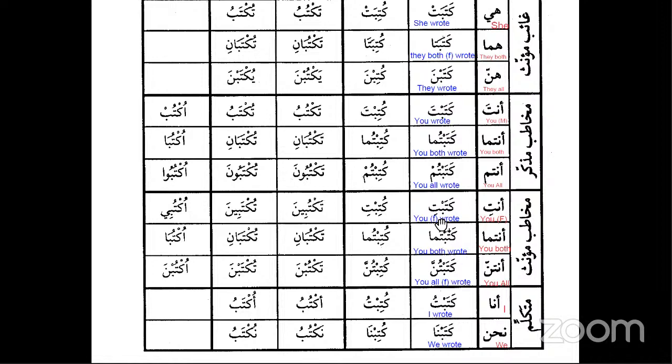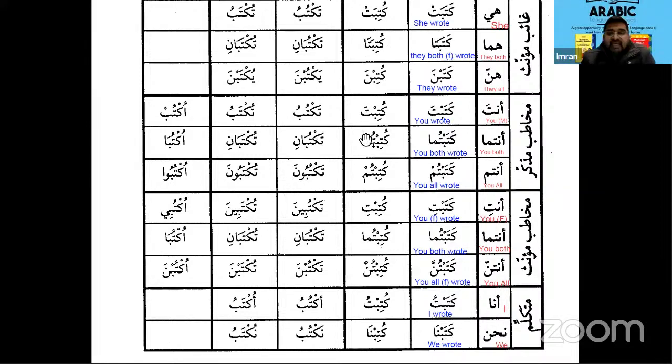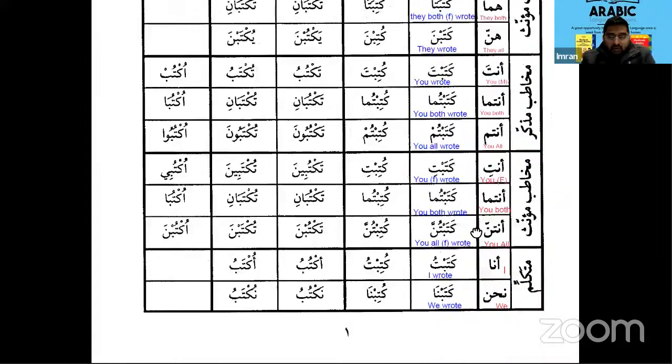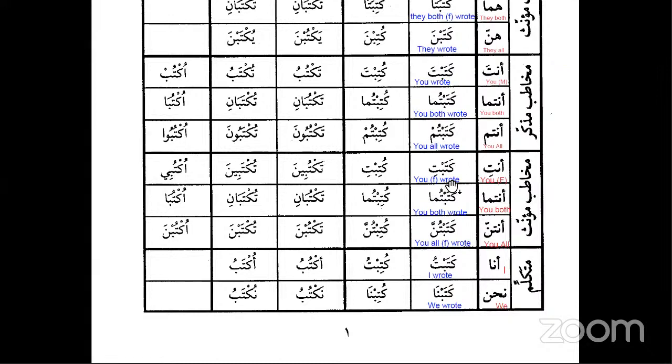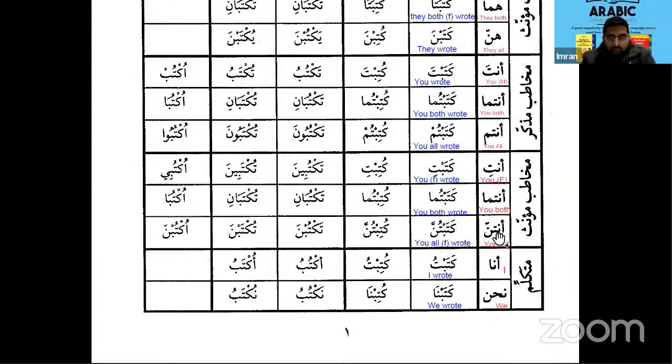You all wrote something. And then if it is a female, anti katabti. You female wrote. Correct. Antuma katabtuma. You two females wrote. Correct.